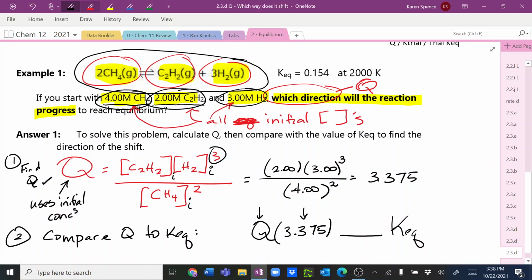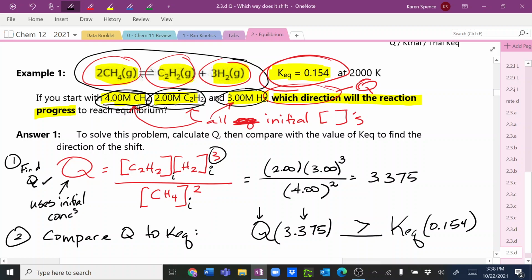Is it? Let's go back and look. There it is up there, 0.154. So KEQ is 0.154. And what that means is that Q is bigger than KEQ.